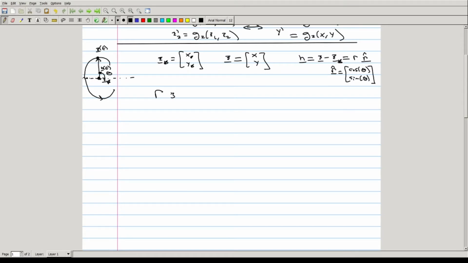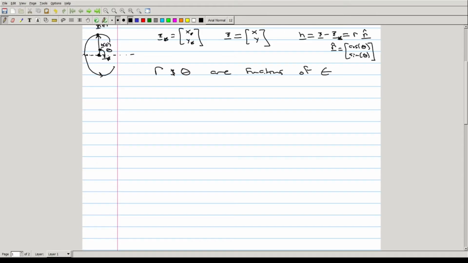So r and theta are functions of t, which means that we know that the magnitude of h squared is equal to r squared, and we know from polar coordinates this is going to be the same thing as x squared plus y squared.